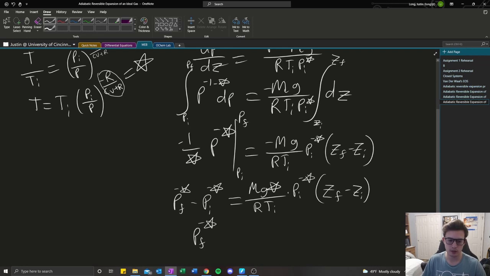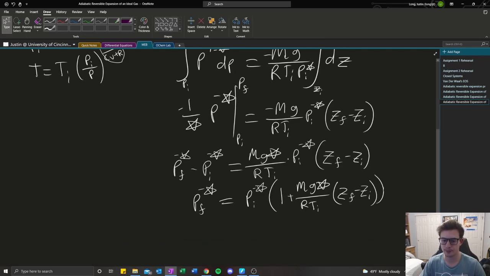The pressure final to the negative star is going to be equal to the initial pressure to the negative star times the 1, because that's still there, plus the molecular weight times G times star over gas constant times the temperature initial times the final position minus the initial position. I need another set of parentheses. All right.